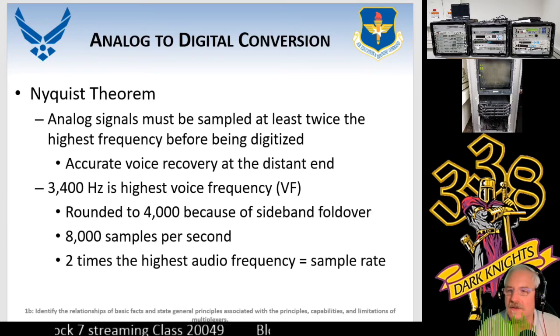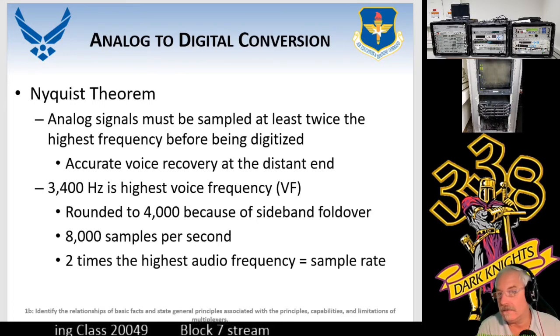So with 4,000 times a second, what he said is 2 times the highest audio frequency will give us the sample rate. In our case, since it's 4K, 2 times that gives us 8,000 samples per second. That's what we rely on.